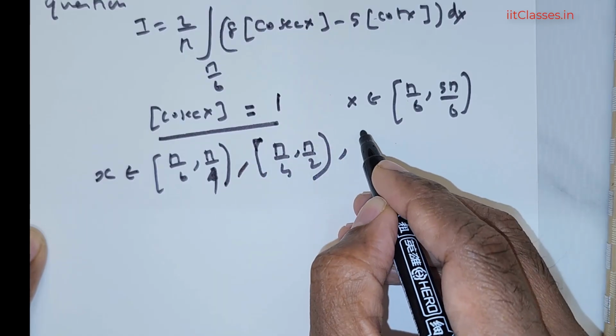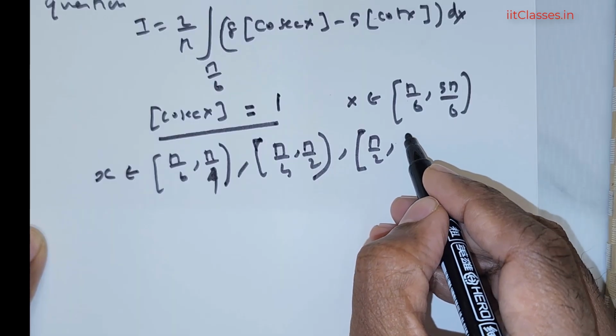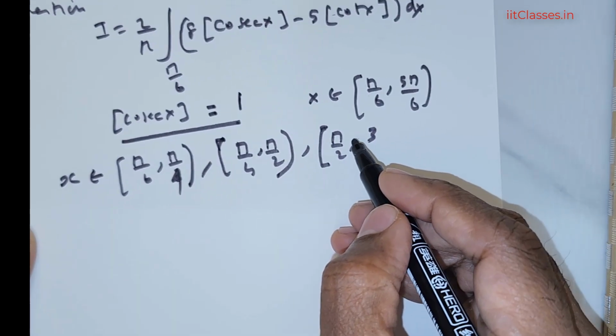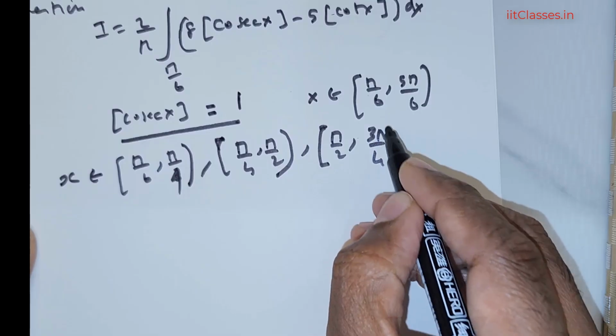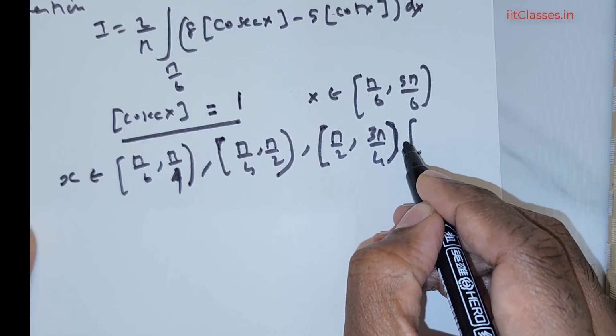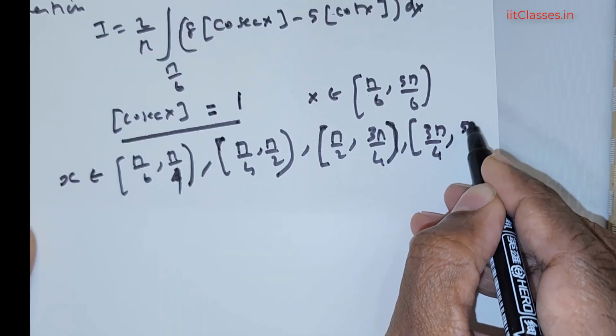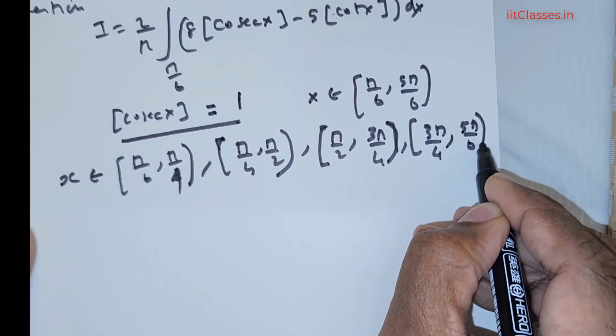The next interval is going to be pi over 2 to 3 pi over 4, and the final interval is going to be 3 pi over 4 to 5 pi over 6.